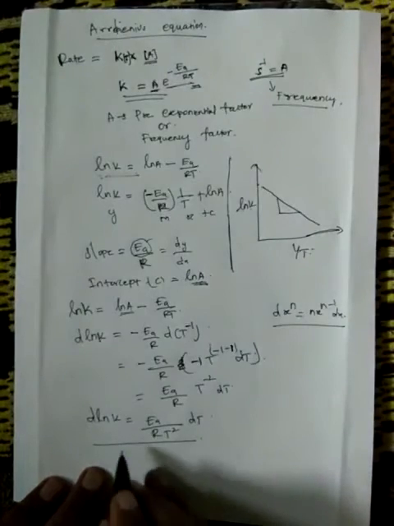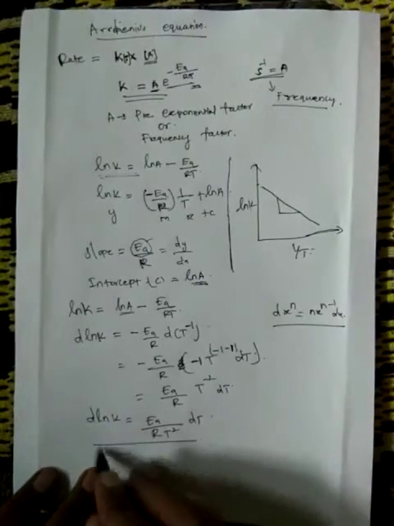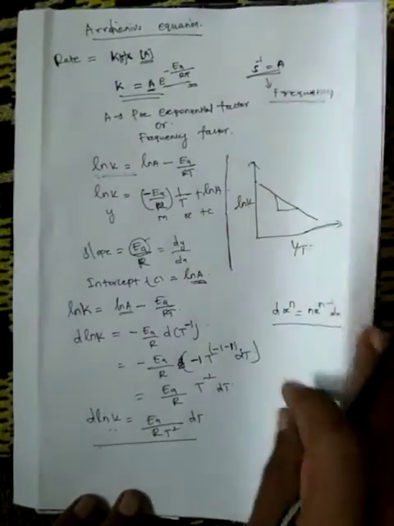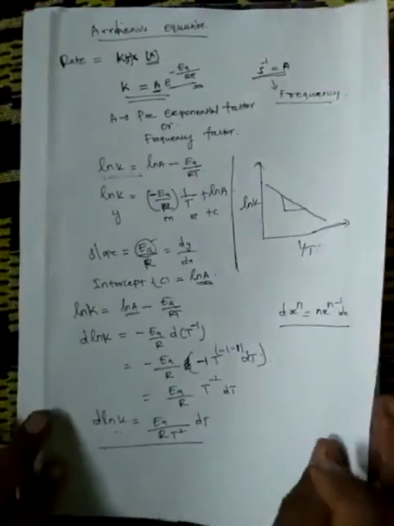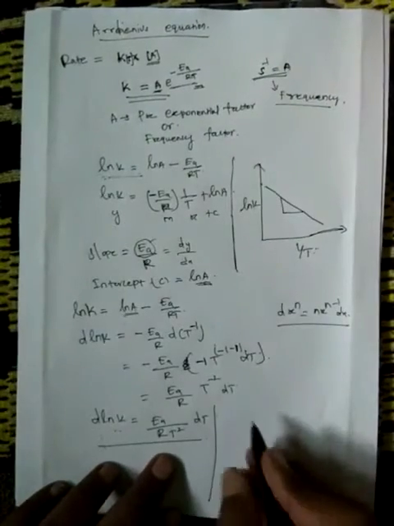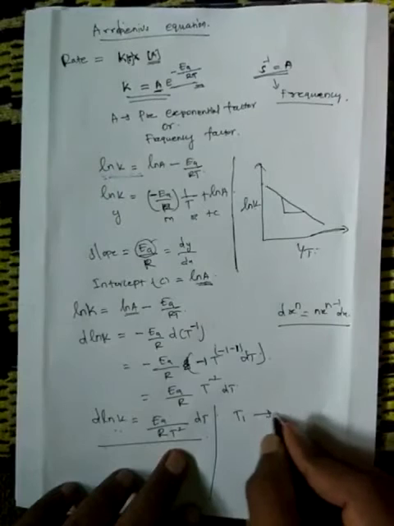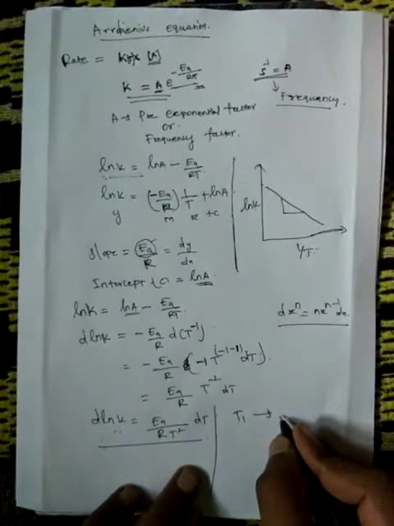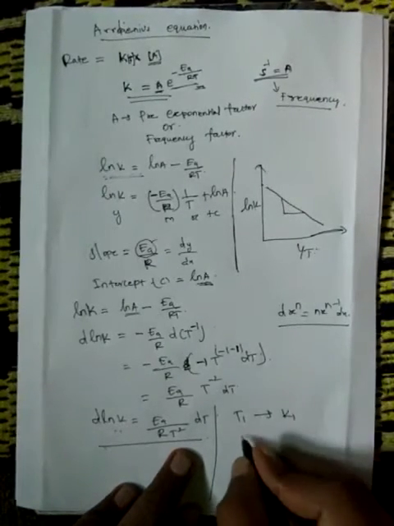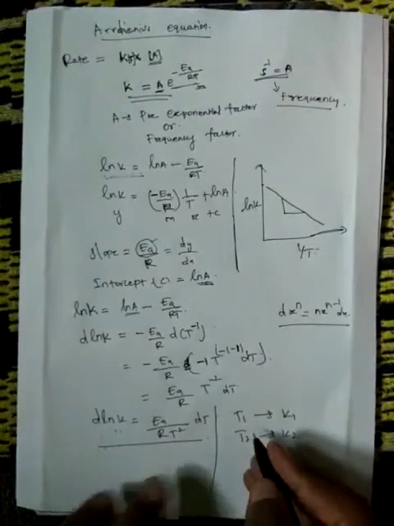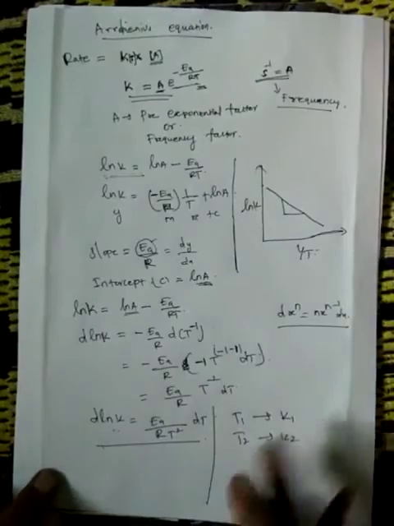Now I'm going to integrate this equation with the limits. Let me say at temperature T1 the rate constant is K1, at temperature T2 the rate constant is K2. So with this limit I'm going to integrate this equation.